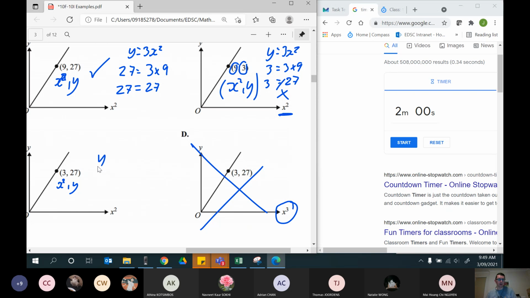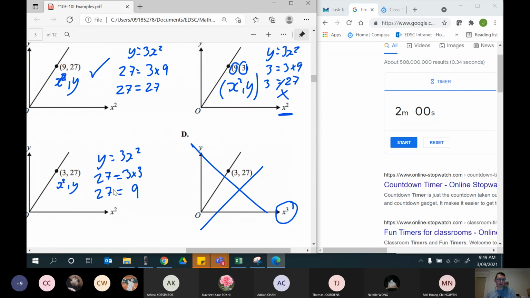Over here, we're looking for y equals 3x squared. This is y is 27, equals, if you substitute in the value here for x squared, 3 times 3 squared. Oh, I've stuffed up there. Whoops. Sorry, I've got to substitute in 3. So it's 3 times 3, and that is actually 9.